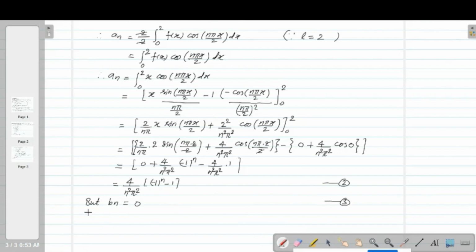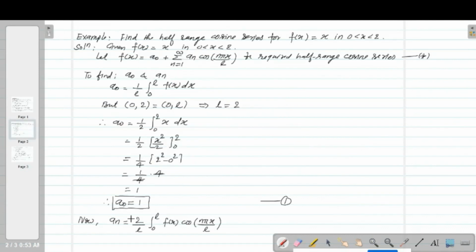Now putting the values of a naught, an, and bn in equation number star, we get f of x equal to a naught. How much did we find a naught? A naught is 1. Just substitute over here.